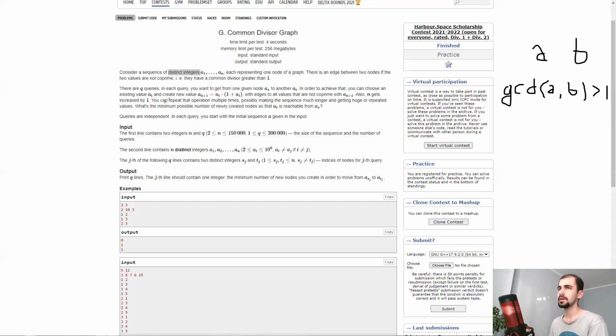We want to know the minimum possible number of newly created nodes so that AT becomes reachable from AS. And there's some input description here. You have roughly 10 to the 5th nodes, roughly 10 to the 5th queries. The time limit is increased from the regular 2 seconds. There is an array, and the values are not that large, which is important.